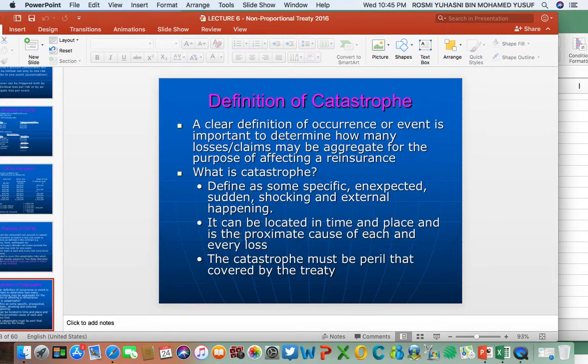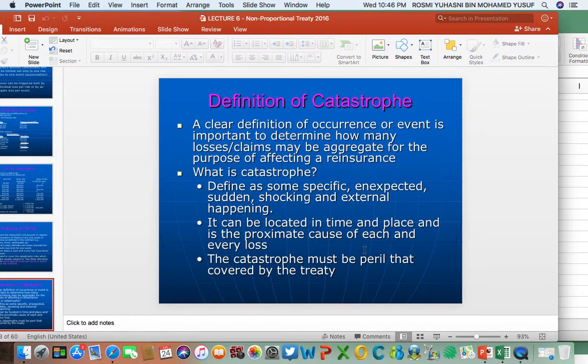And the catastrophic event must be the proximate cause for the loss. Okay, proximate cause, meaning that it is the dominant cause of loss, because there can be several causes of loss which result in the claim. It can be as a result of flood, for example, and the same losses might be caused by carelessness of the insured.